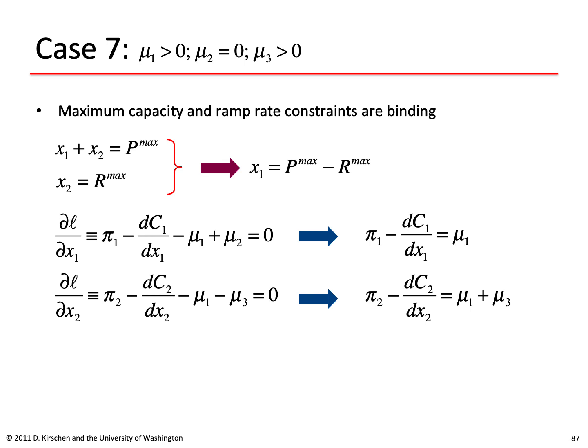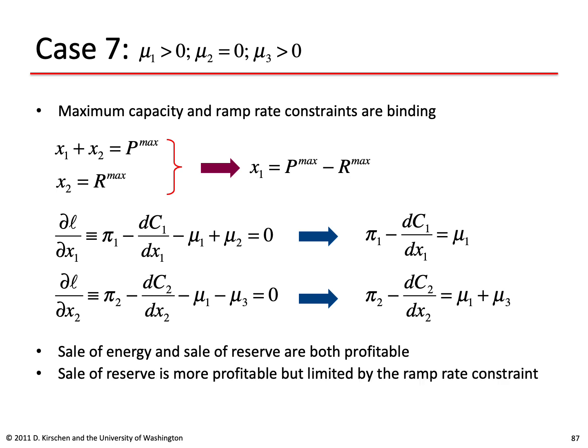Therefore, there's going to be also a profit on reserve. So in this case, the sale of energy and the sale of reserve are both profitable. The sale of reserve is more profitable because it's mu1 plus mu3, which is the difference between the price and the marginal cost, but the amount of reserve that can be sold is limited by the ramp rate constraint.